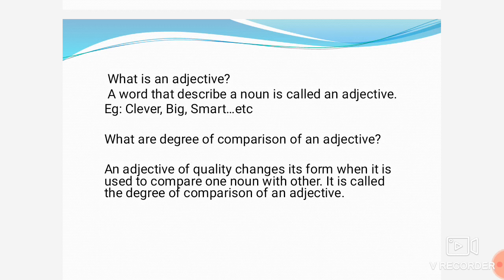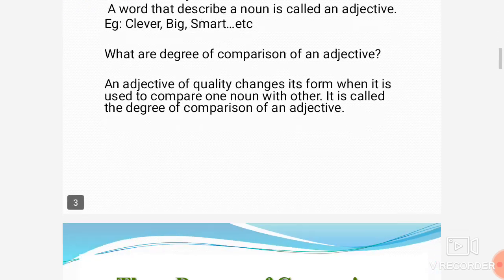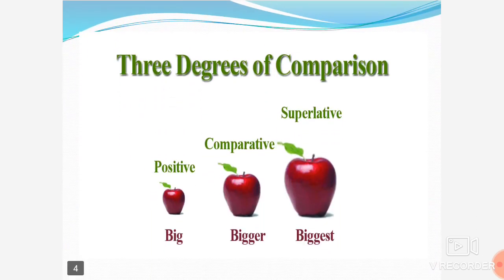It means when the quality of the adjective changes its form when you compare one noun with the other, it is called the degree of comparison. There are 3 degrees of comparison. They are the positive degree, comparative degree, and superlative degree.